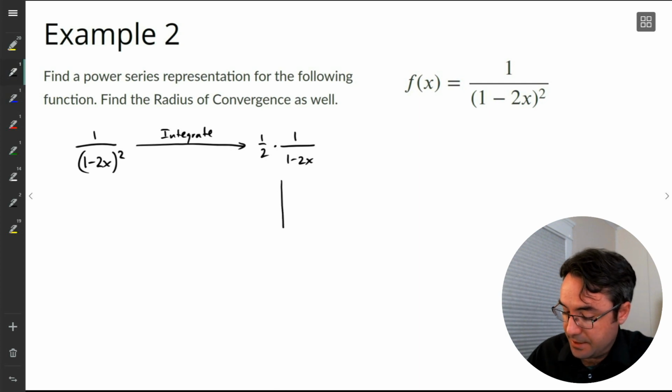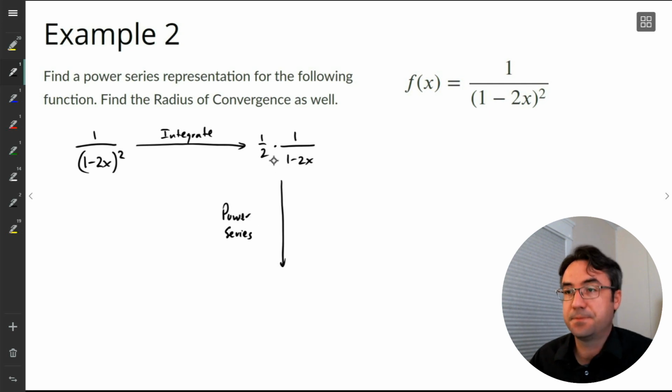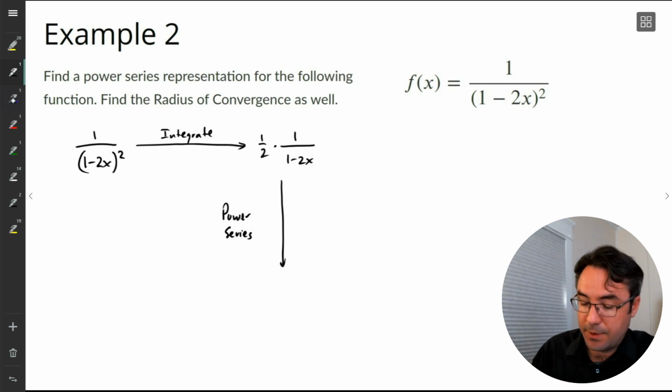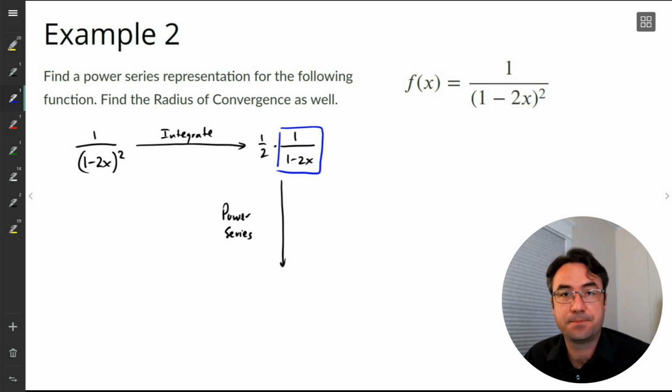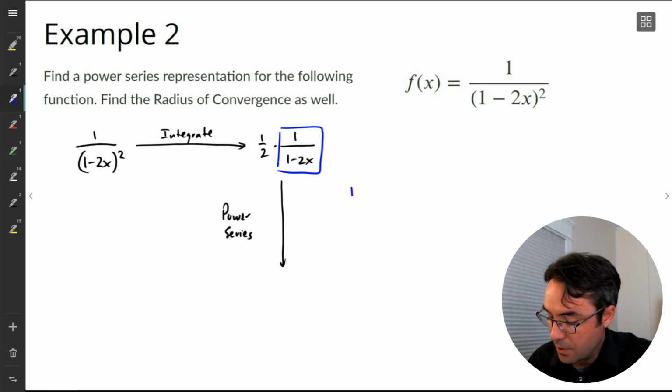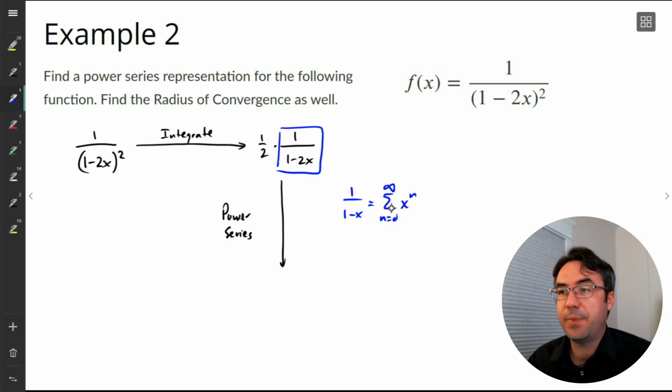So let's actually find the power series representation for this. And we're really going to focus on this 1 over 1 minus 2x. So let's just remember, 1 over 1 minus x, what is that? It's the sum from n equals 0 to infinity of x to the power n.